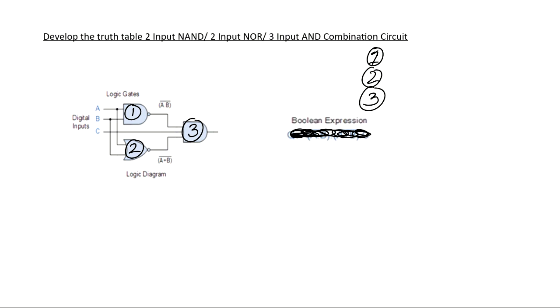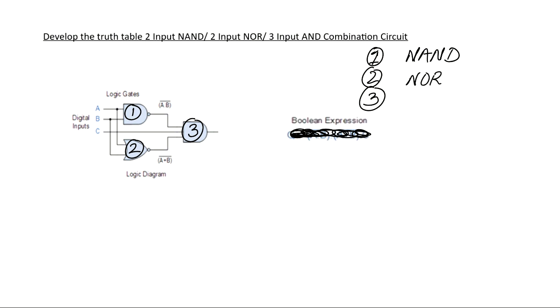Yes, Amar, your expression is 50% correct. A little different, but I will let you know. Okay, guys. First of all, we need to recognize the gate types. This is very important. Gate one is a NAND gate. Number two is NOR.